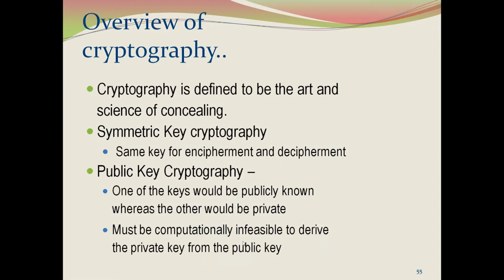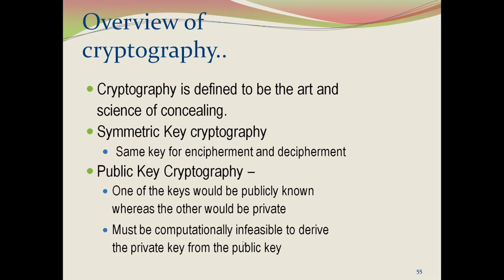Symmetric key uses the same key for encipherment and decipherment, as you all know, and in public key cryptography, one of the keys would be publicly known, whereas the other would be private. But there is another consideration that must be kept in mind: it must be computationally infeasible to derive the private key from the public key, since the public key is available.